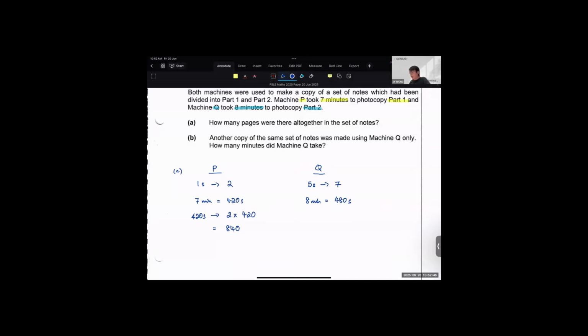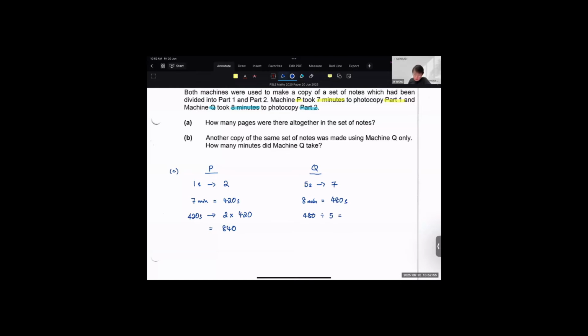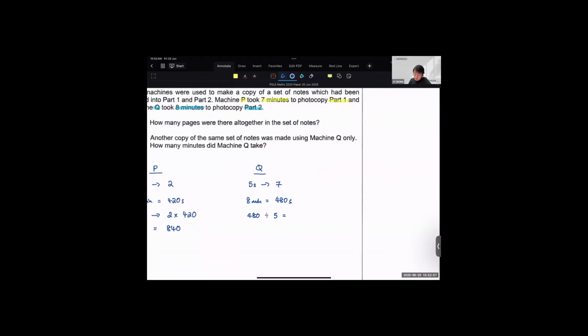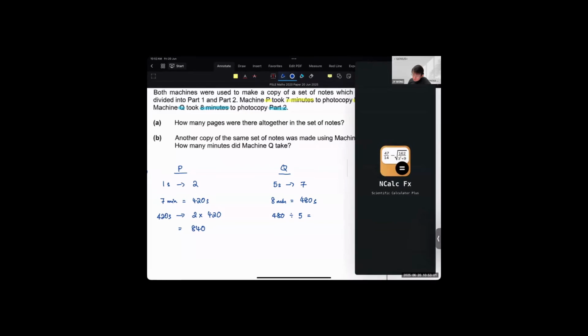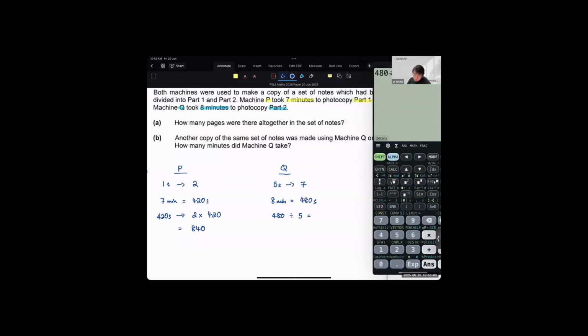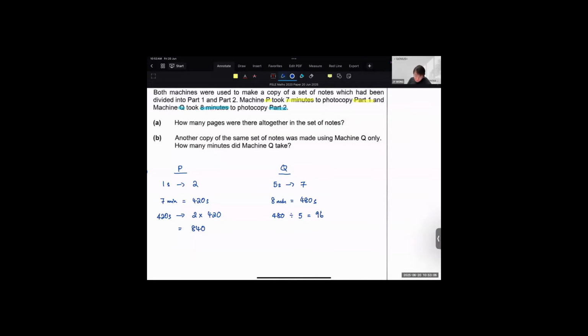You can divide by 5 to find the number of sets. So 480 divided by 5 gives me 96 sets. And therefore, to find the pages in 480 seconds, you don't take 7 times 480, you take 7 times 96, to give you 672.